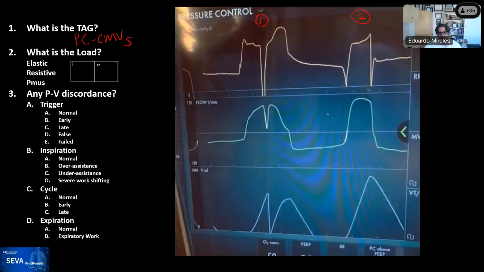And I will give you that during inspiration and expiration, there is pure PMOS, okay? Instead of having a nice decay, instead of having something that looked like this and something that looked like that, you have all this activity in which the patient is inhaling and exhaling actively, all right? So for the first breath, what's the trigger abnormality that you see?